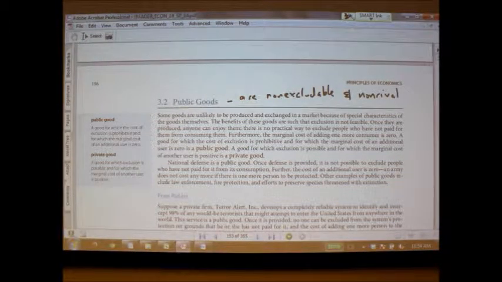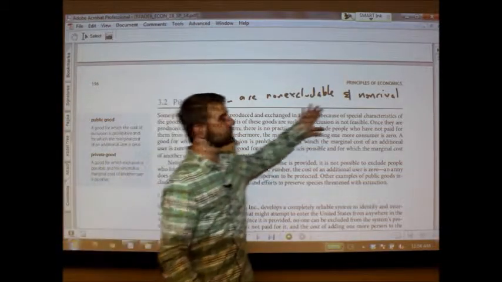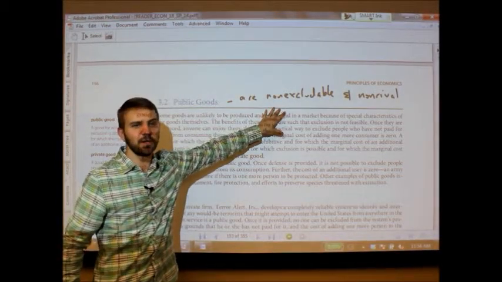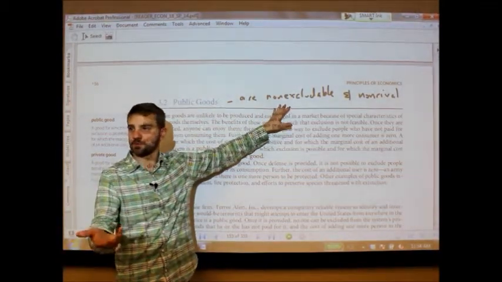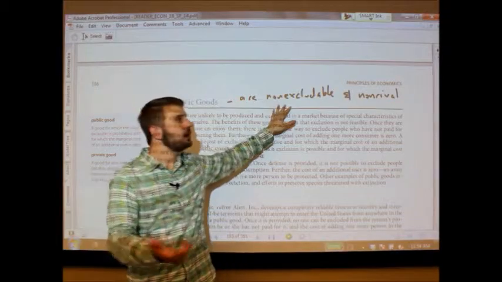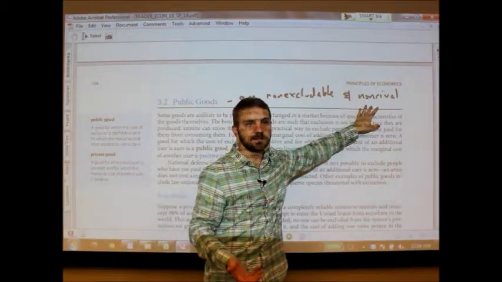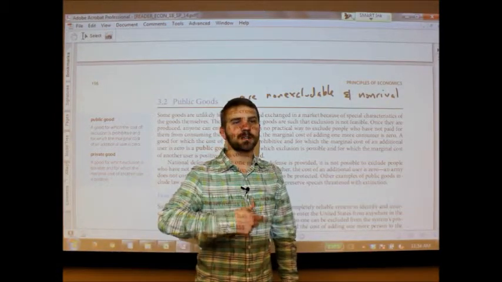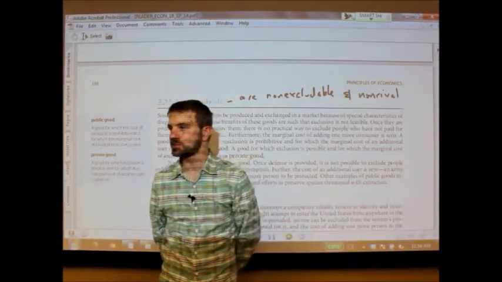You won't find those terms in the book, but these are commonly used terms to describe public goods. So non-excludable means people can't be prevented from consuming them. Non-rival means when one person uses the good, it does not diminish another person's ability to use the good.